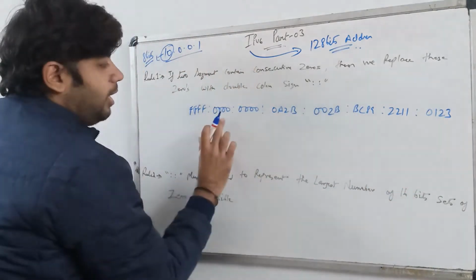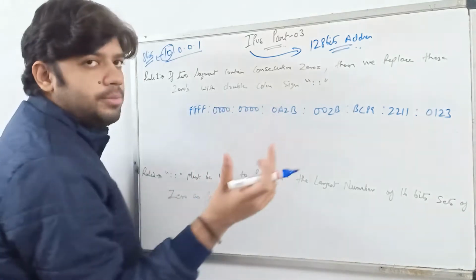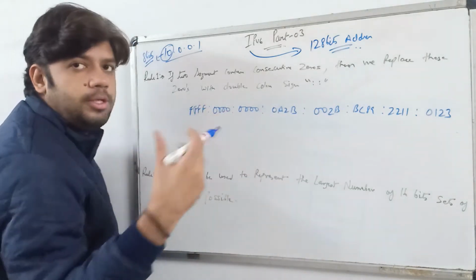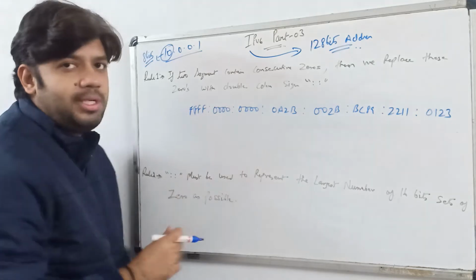In this we have 2 consecutive zero segments, which means both are all zeros, there is no other number.